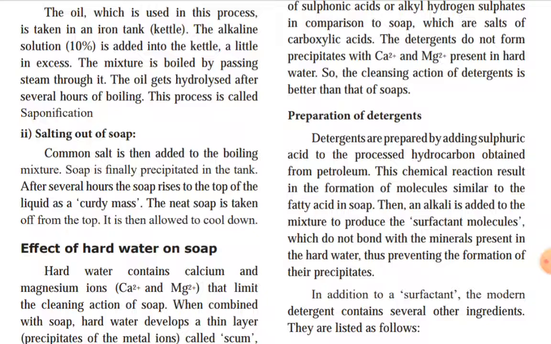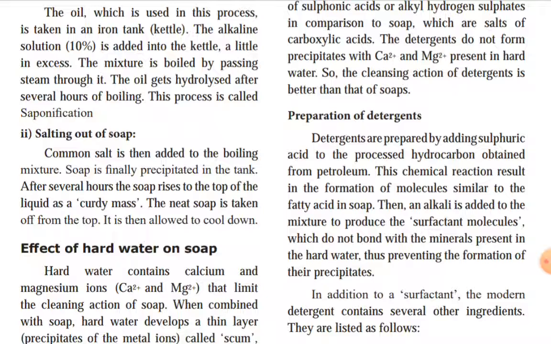Hydrocarbon means the compounds having hydrogen and carbon, which is obtained from the crude oil, from petroleum. The chemical reaction results in the formation of a molecule similar to the fatty acid in soap. Then an alkali is added to the mixture to produce the surfactant molecules, which do not bond with the minerals present in hot water, thus preventing the formation of precipitate.